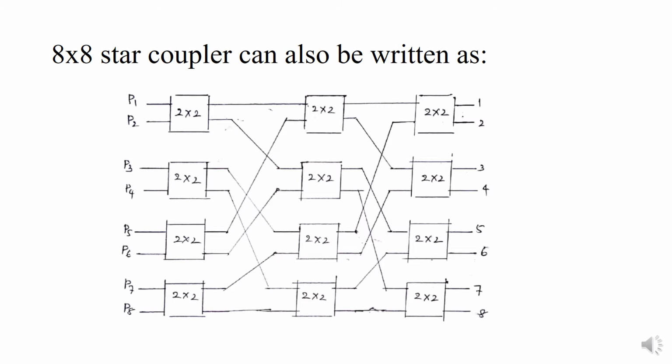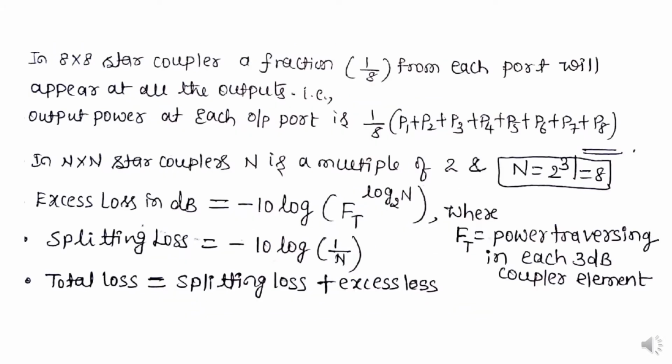As I told, 3 dB is also called an equal power divider, wherein each 2x2 divides half of the input power and couples it to each of the output ports. In an 8x8 star coupler, at each output port, the value will be 1/8 times P1 plus P2 plus P3 plus P4 plus P5 plus P6 plus P7 plus P8.